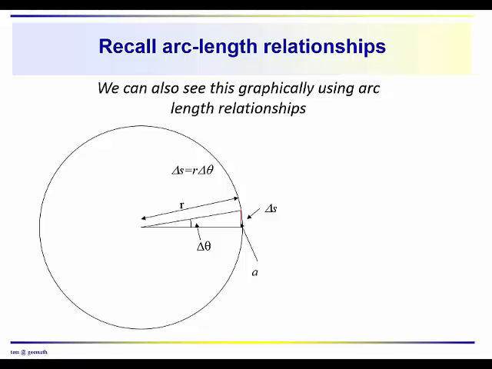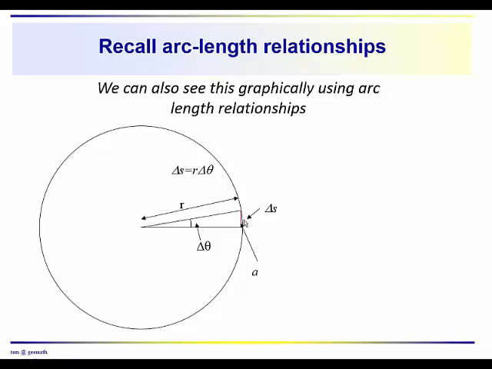Now we can also use kind of a geometrical construction in order to see this relationship. If we look at it graphically here, we have the arc length relationship, which is delta s, the length of this arc over here, is equal to r, the radius of this circle, times delta theta, which is the angle subtended by the arc delta s.